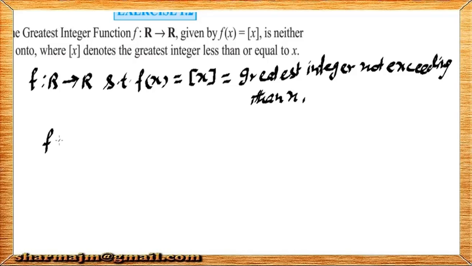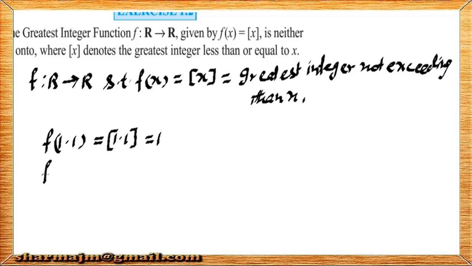Here if f will act over 1.1, then it will be the rectangular bracket of 1.1 and the meaning of this is 1, that is greatest integer not exceeding 1.1, so it is 1 here.